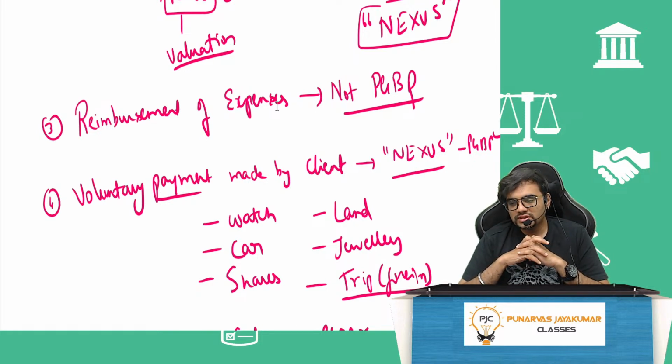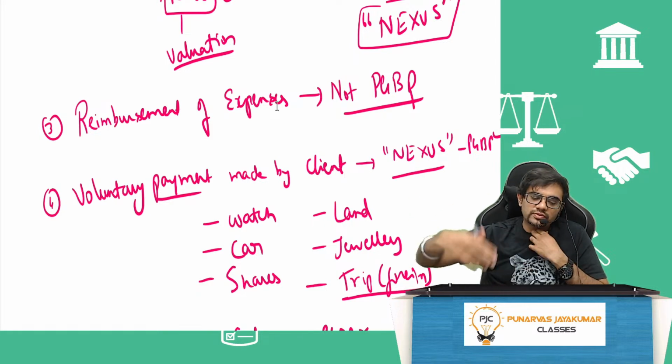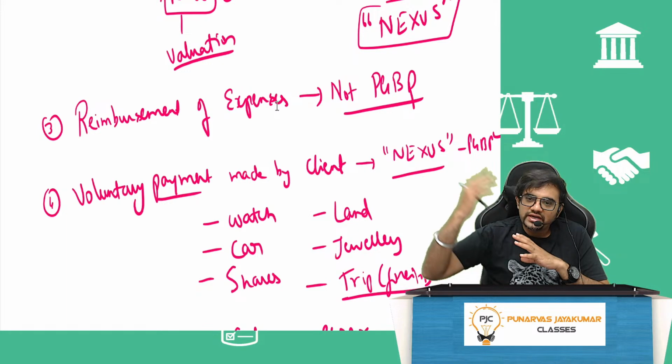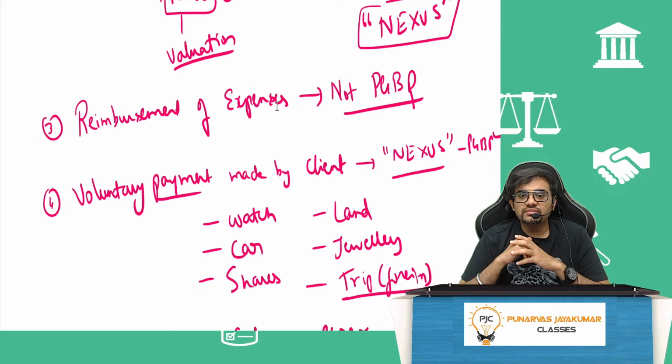Now moving on, there can be one question. Let us say my client and I developed a very good relationship over the years, professional relationship, personal relationship also. He thought of me more like a son, assume. When he dies, in his will, he has given me his land worth 1 crore. Now is that PGBP?